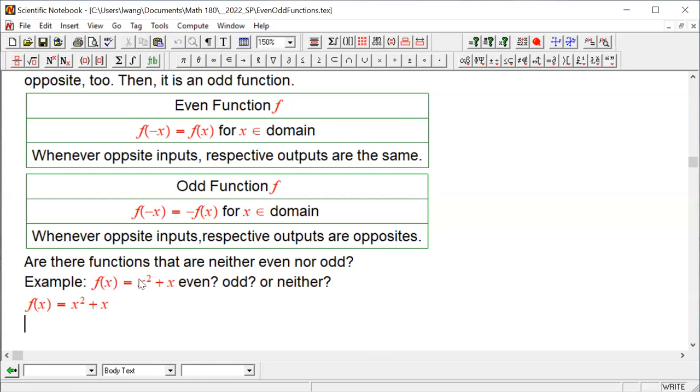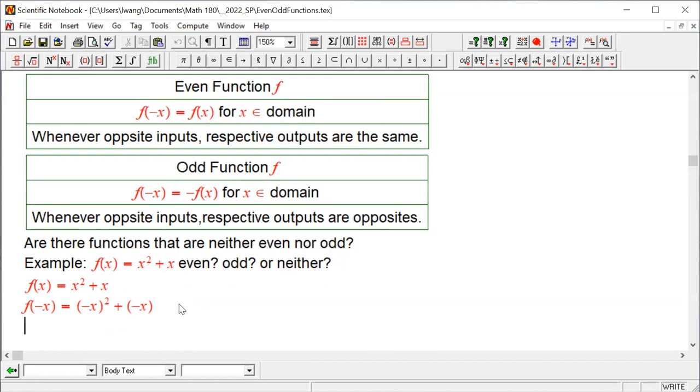So we already have f of x. So let's see what is f of negative x. So f of negative x is going to be negative x squared plus negative x. Negative x squared is going to be equal to x squared, because negative x times negative x, plus negative x is going to be minus x.